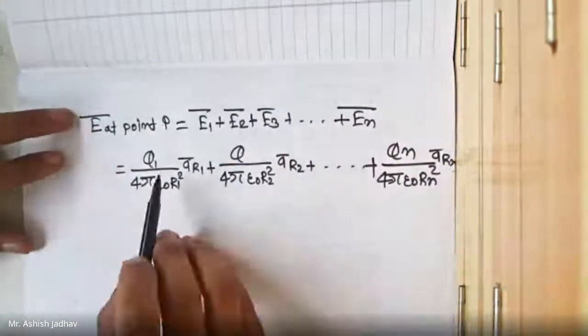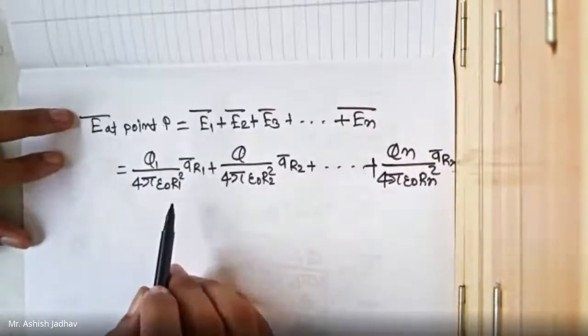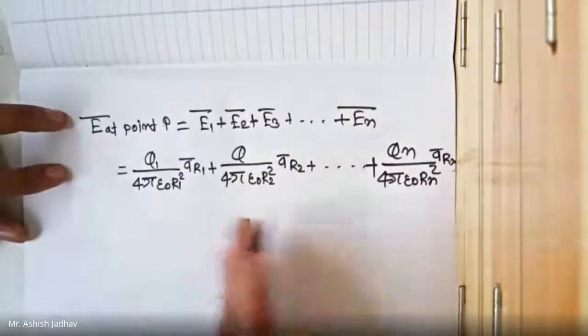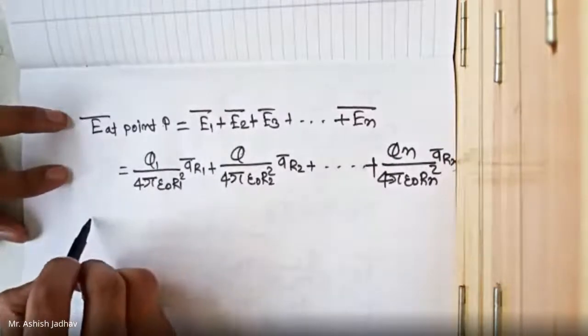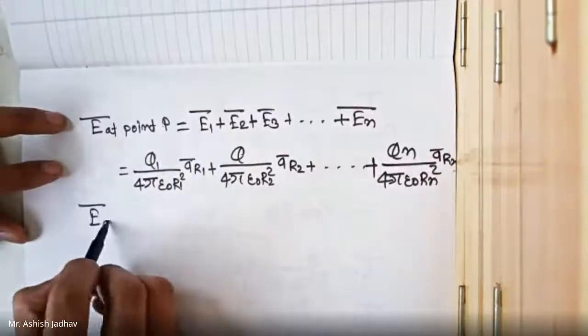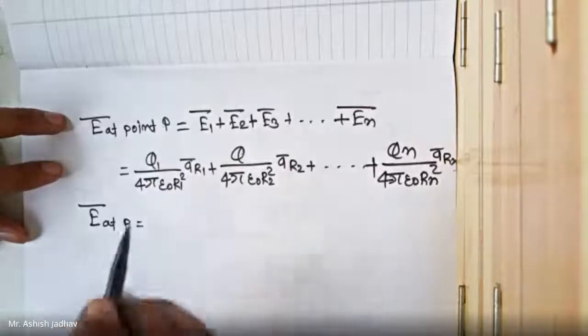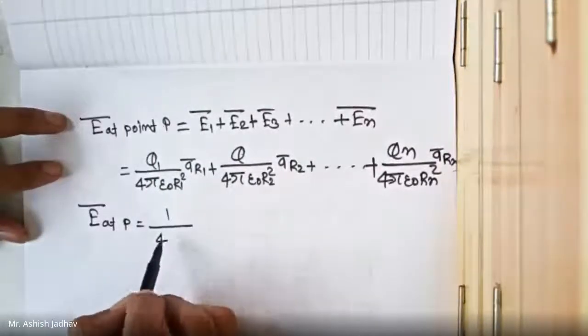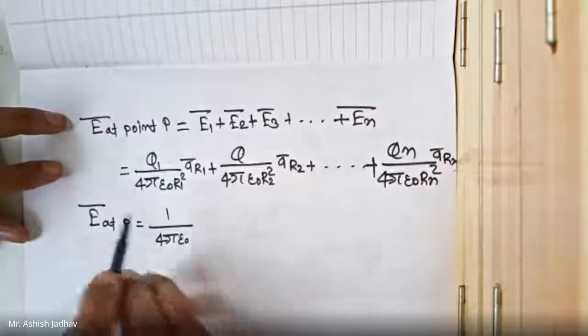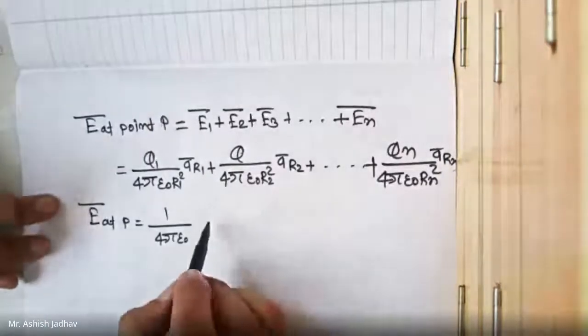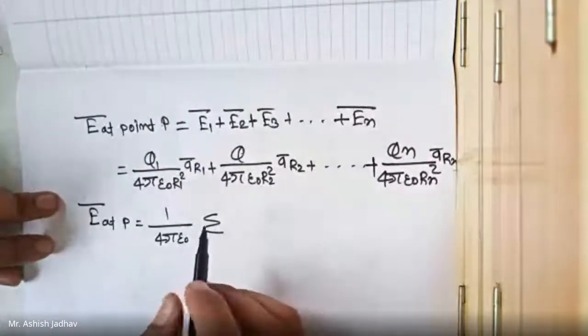Now, since 1 upon 4 pi epsilon naught is a common term, I can take it outside of the summation. So E bar at P is equal to 1 upon 4 pi epsilon naught outside of the summation. Inside the summation, what remains?